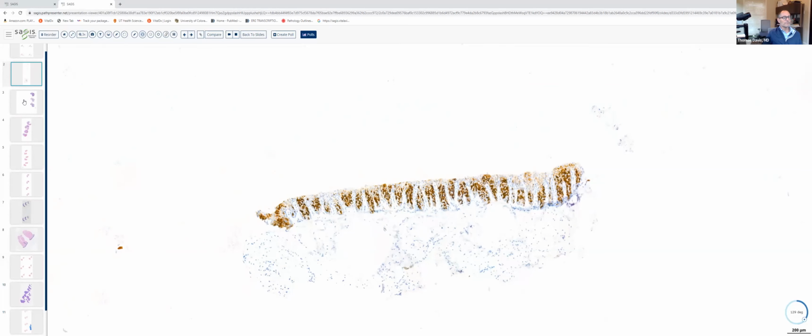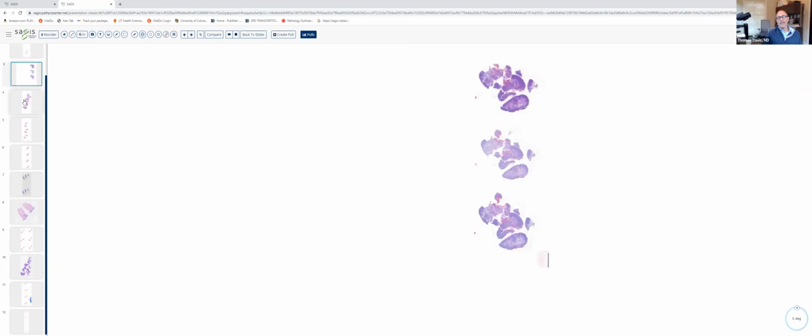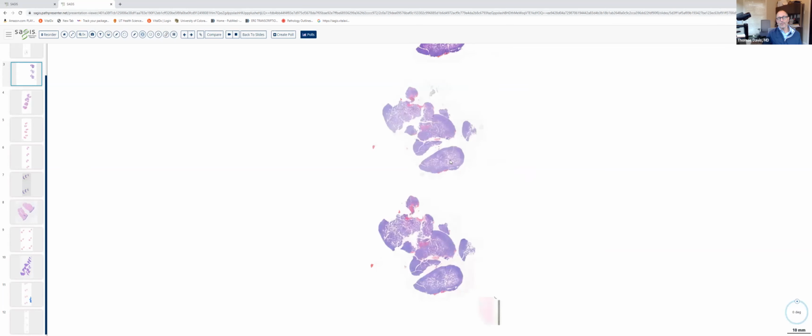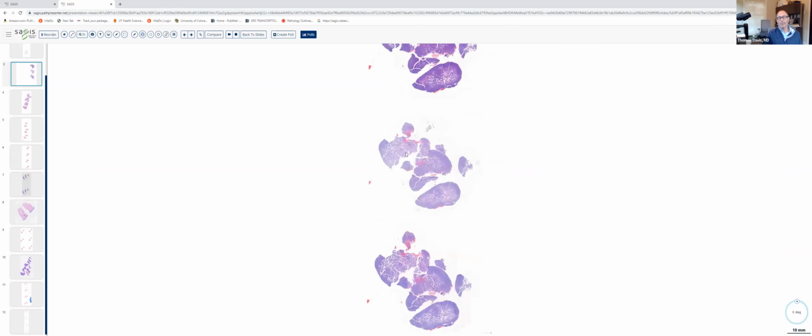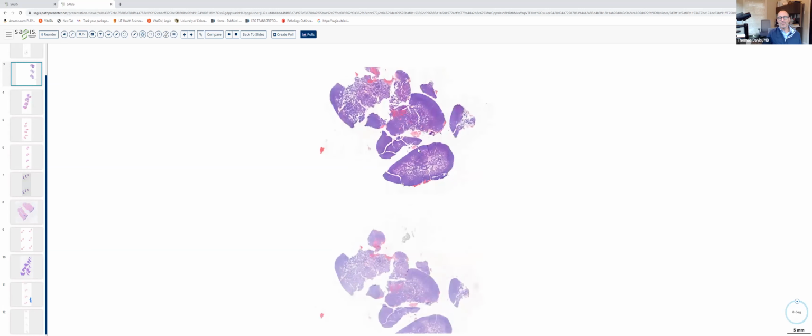Moving on to slide number 3, we're changing directions here. Here we have several fragments of tissue. And in looking at this, it's pretty clear that we're dealing with a neoplastic process. It's somewhat fragmented, but seems to be fairly well circumscribed.